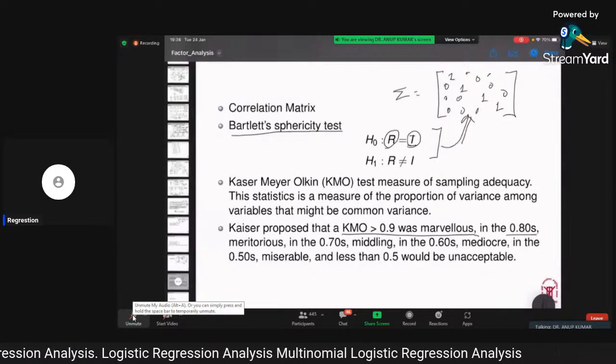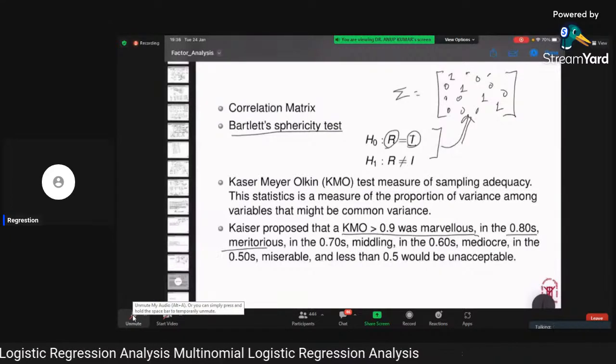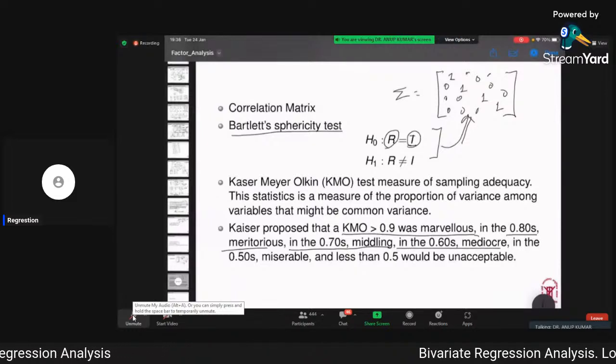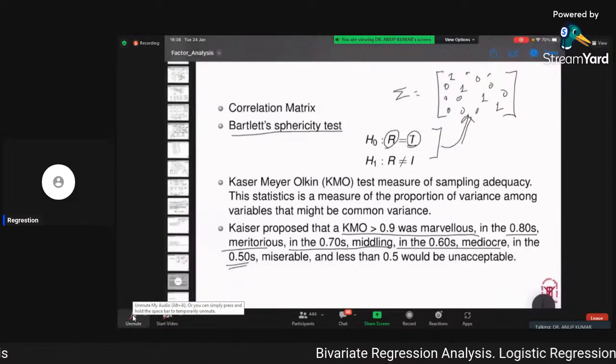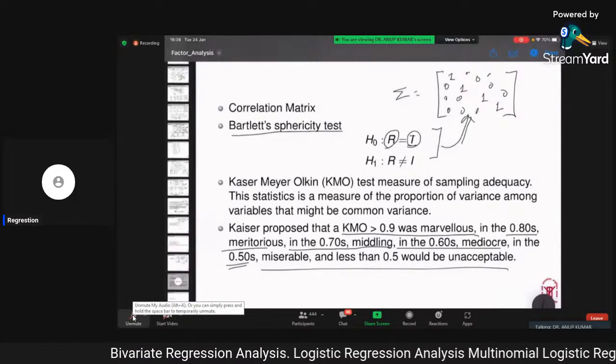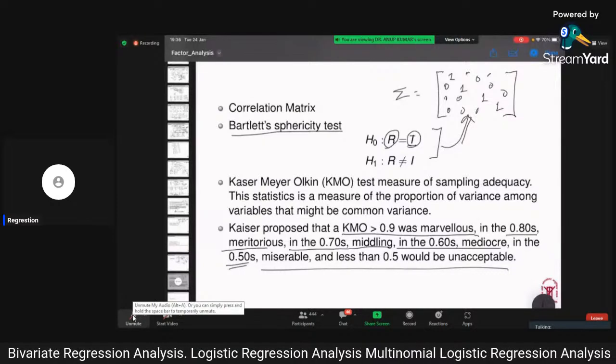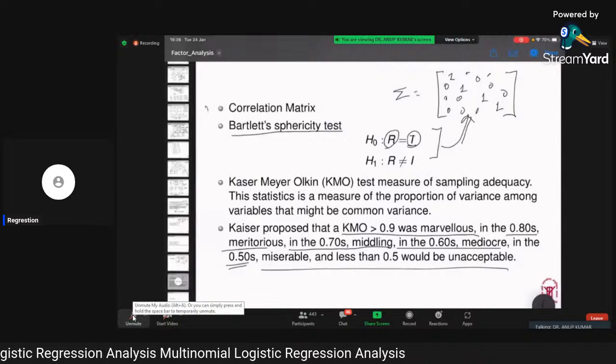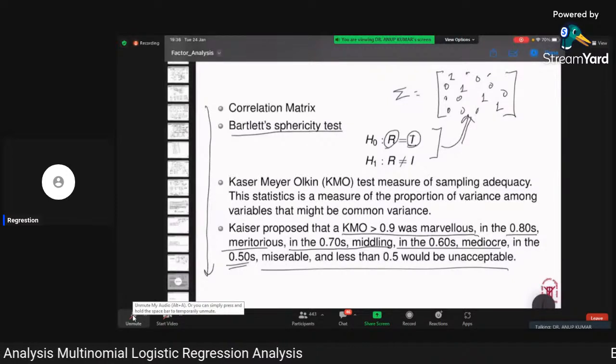If it is 0.80, it is meritorious; 0.70 is middling; in the 0.60s it is mediocre; and if it is 0.50 or less than 0.50, then we should not go for factor analysis. So before proceeding with factor analysis, we should observe all these quantities too.